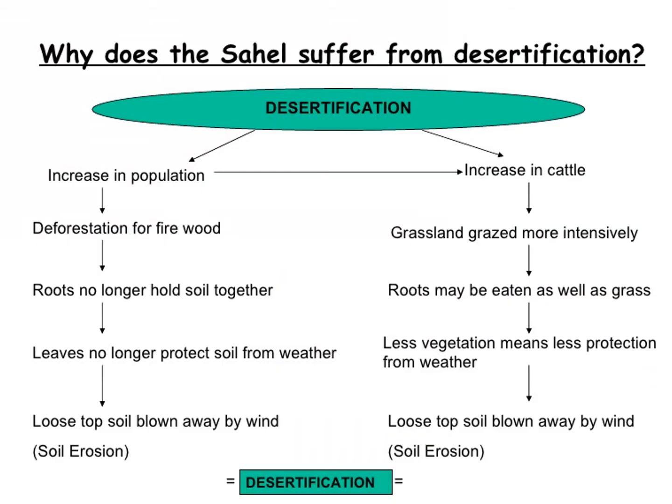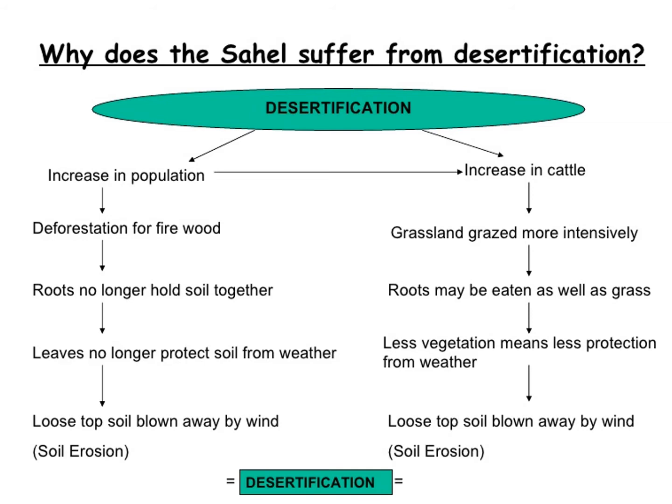The flow diagram in front of you here just highlights why the Sahel suffers from desertification. And we can see it quite clearly, because if we look just below the term desertification there, we can see 2 causes that we've looked at previously: increase in population and increase in cattle. So we're looking at things like overgrazing. What happens when we've got an increase in population is that we get deforestation taking place for firewood.